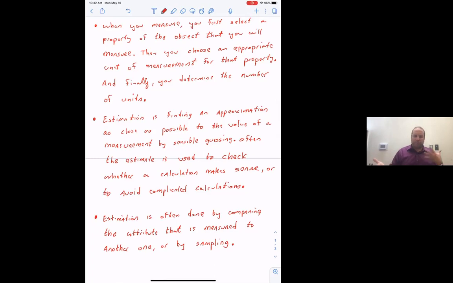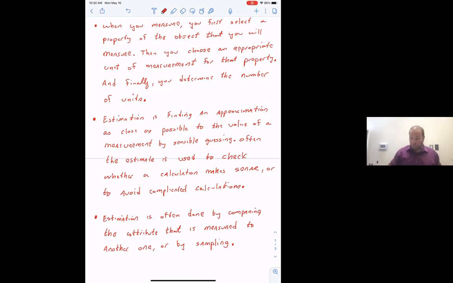So quite often you can use estimation to determine whether or not a value makes sense. Or you might say, well, that person weighs 175, this person looks to be the same, so let's estimate their weight to be 175 pounds. So we don't actually do any calculations. We just estimate. We make a sensible guess based upon the information that we have in front of us.